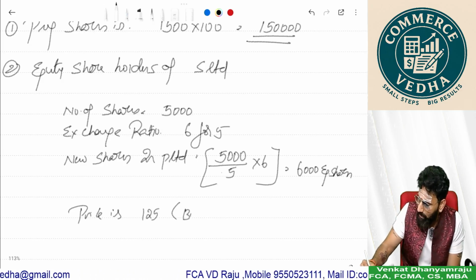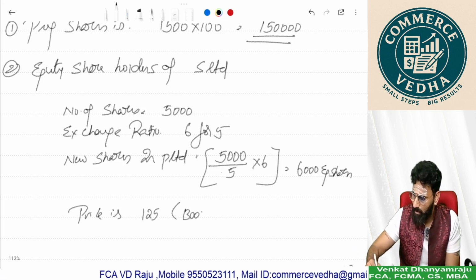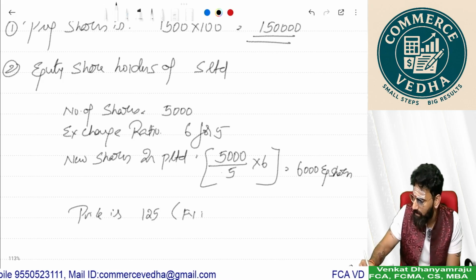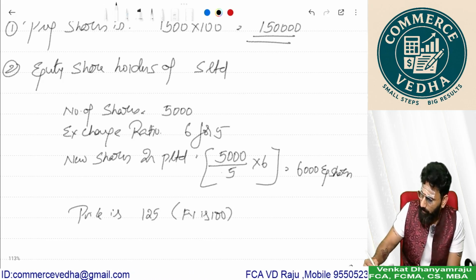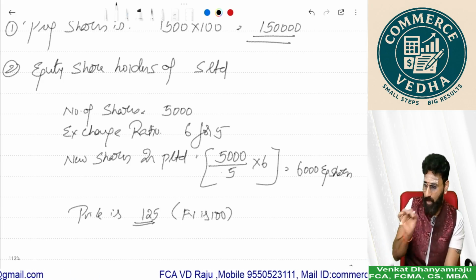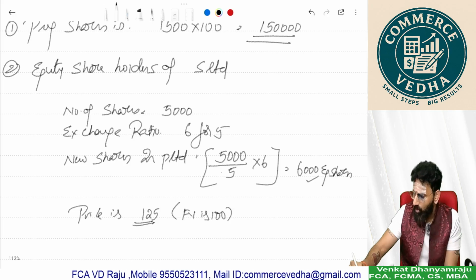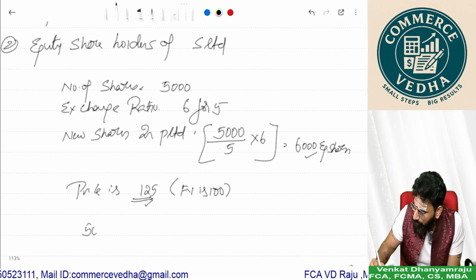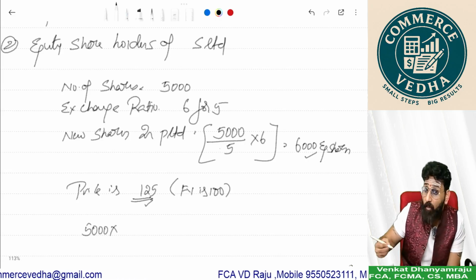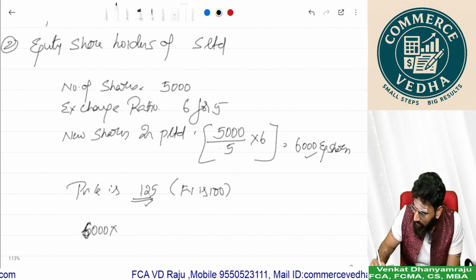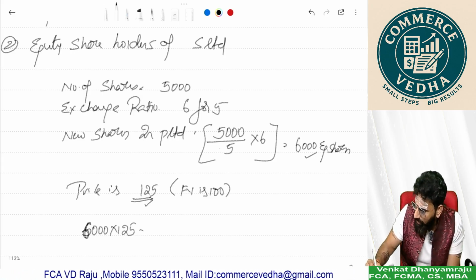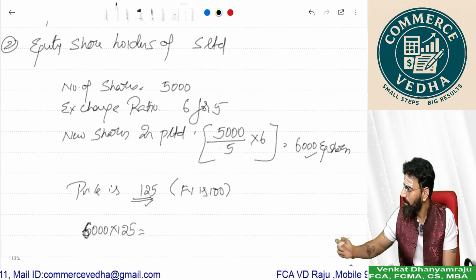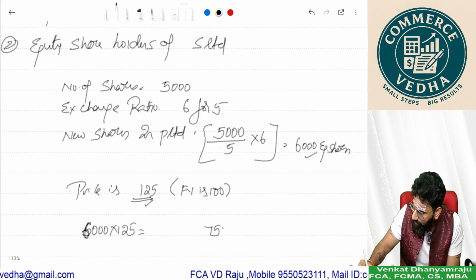Though the face value is 100, it is issued at 125. Now the quantity we know and the price we know, so the total paid to equity in the form of equity shares is 6,000 into 125, 7,50,000.